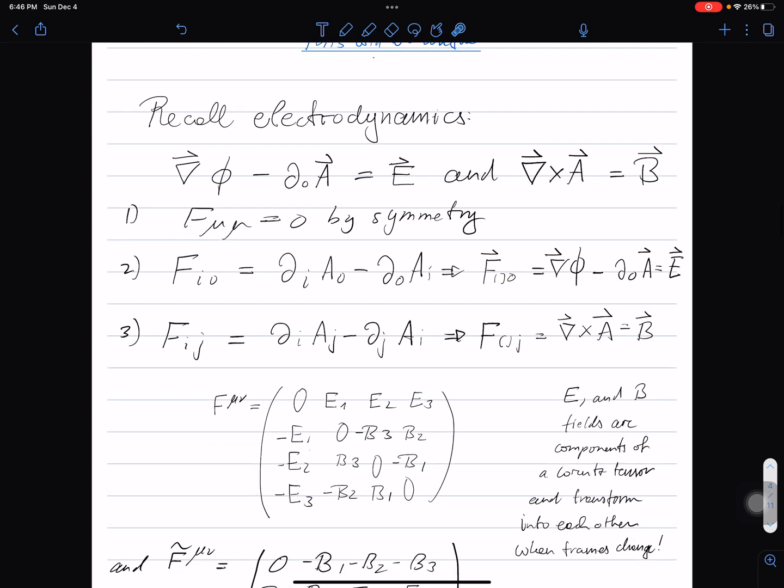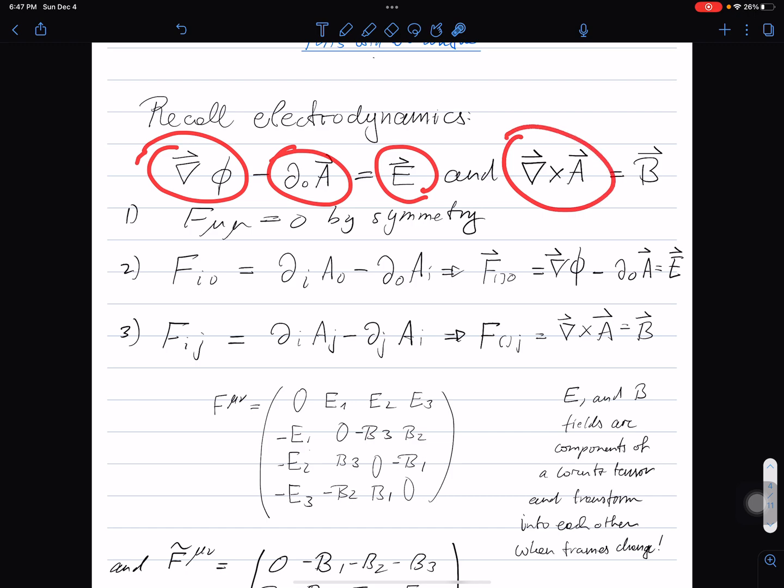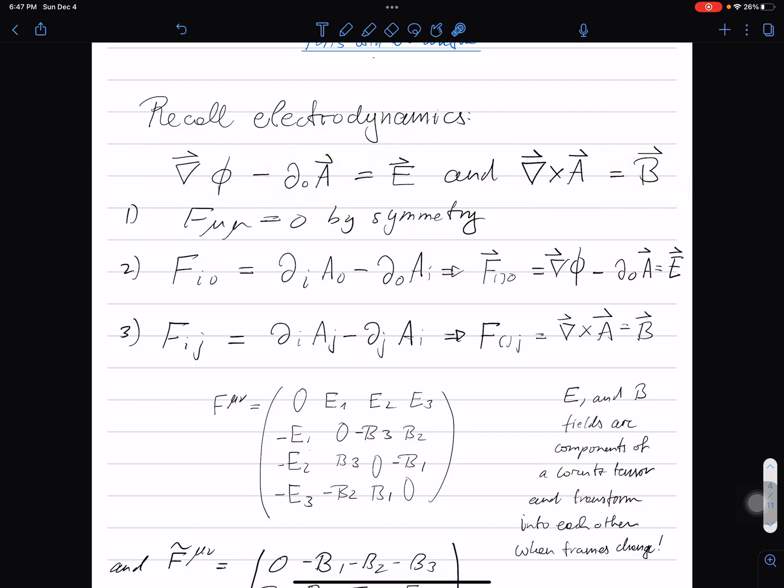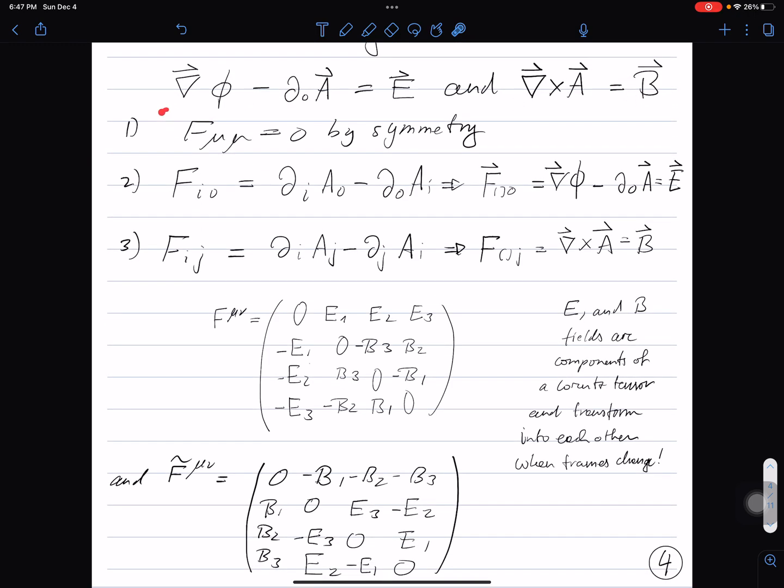and we will see why it is useful in a little bit. Now let us find out what is actually hidden in these field strength tensors. For example, remember the electrodynamics definition that the gradient of the electric potential minus the derivative of the magnetic potential in time is the electric field, and the rotation of the magnetic potential is actually the magnetic field. Now by construction, the F mu mu, the diagonal terms are all 0.